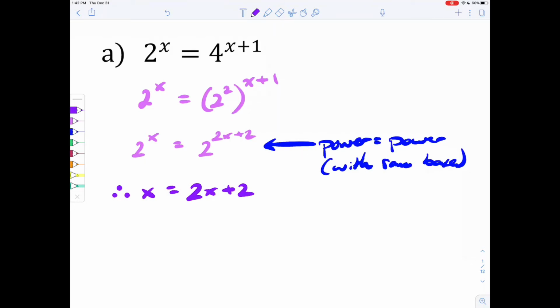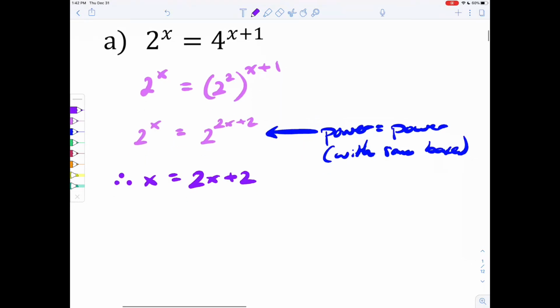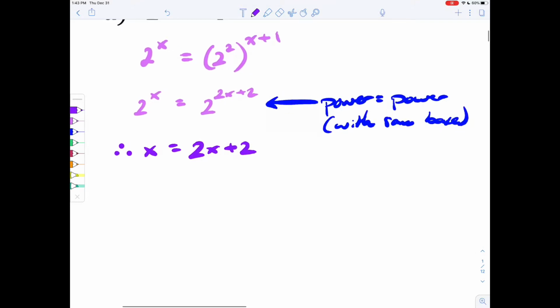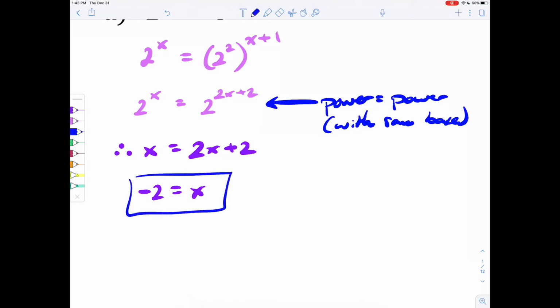And then we're just solving this equation for x. Negative 2 equals x. Boom, done. So that's that. I dare you to try the next few that are on this page. So pause the video, give it a try, see what happens.